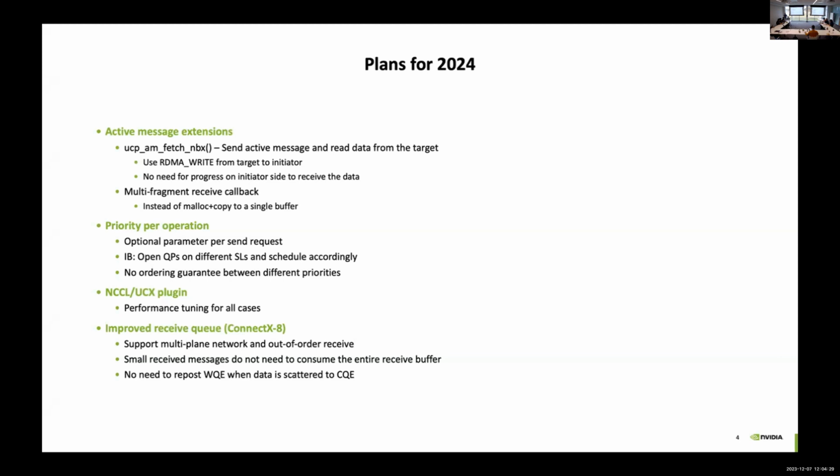So in the current API, we need to do an active message from the target back to the initiator, which requires the initiator to receive a callback, to post a receive, and then wait for it. But instead, we could use the RDMA write. So the target would just write the data back to the initiator after the data is read from the disk. And the API to have it is going to be active message fetch.